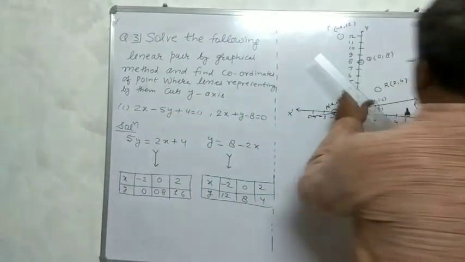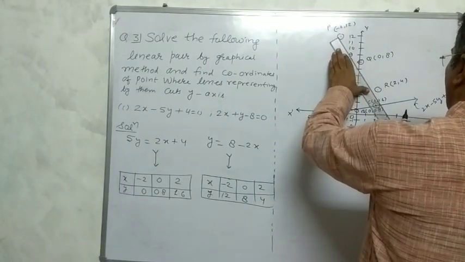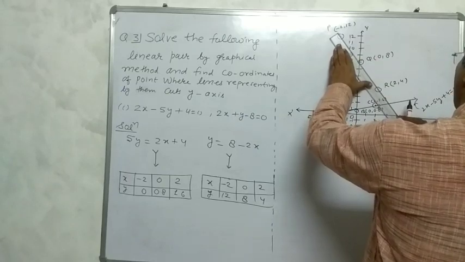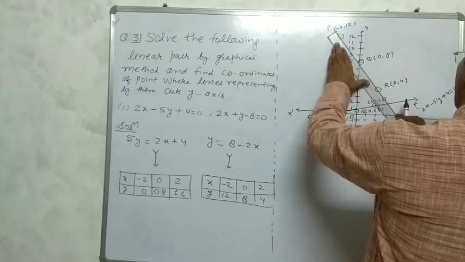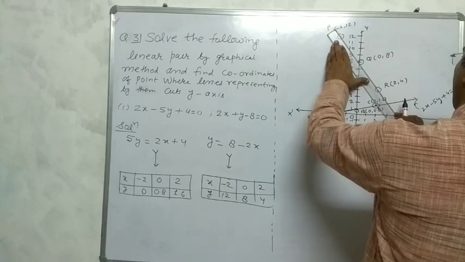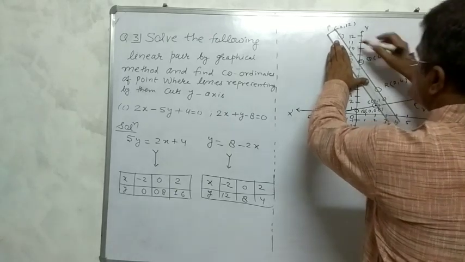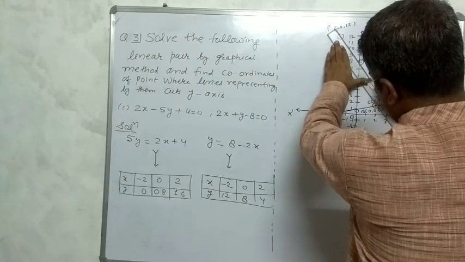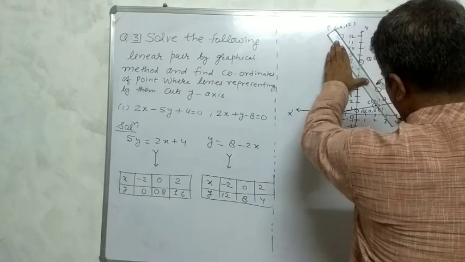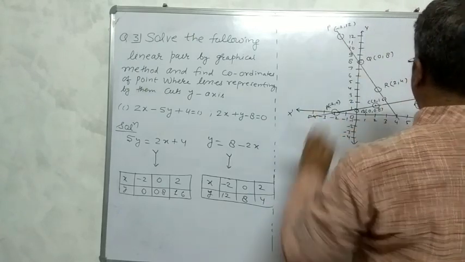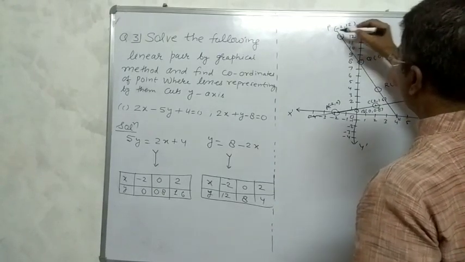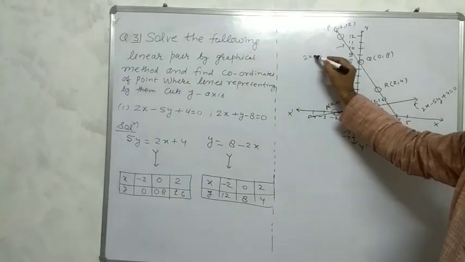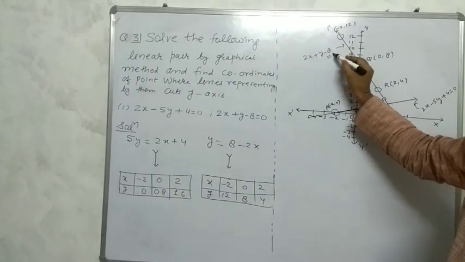We join this line and label it 2x plus y minus 8 equals to 0.